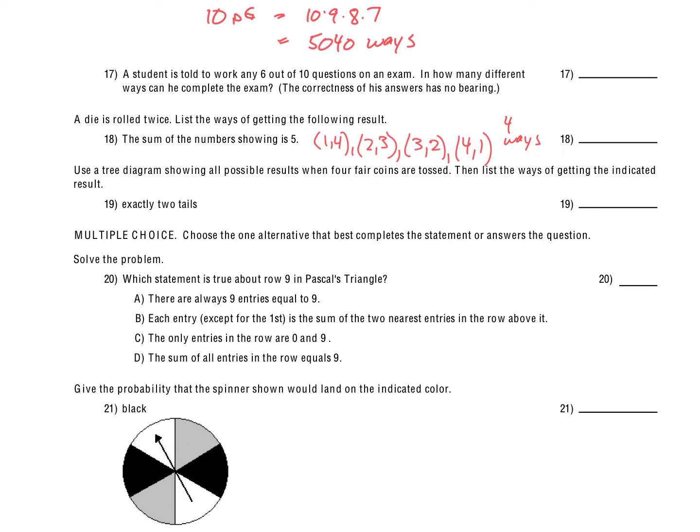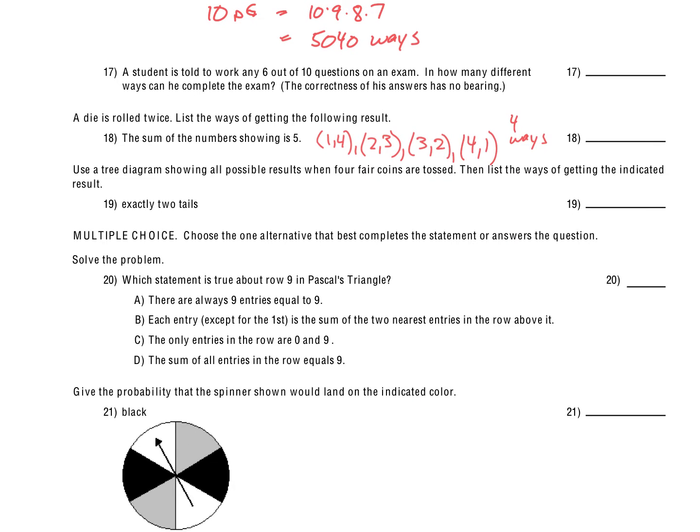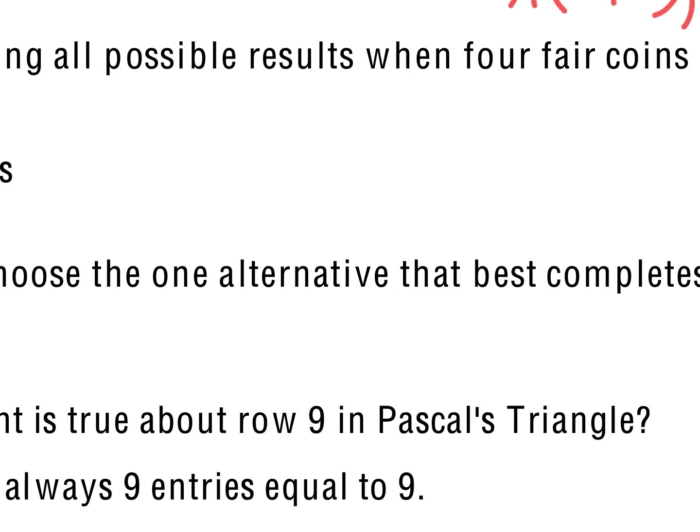Next question. Use a tree diagram showing all possible results when 4 fair coins are tossed. Then list the ways of getting exactly 2 tails. Bring out this tree diagram. The first flip could be heads or tails. And then the next flip could be heads or tails.